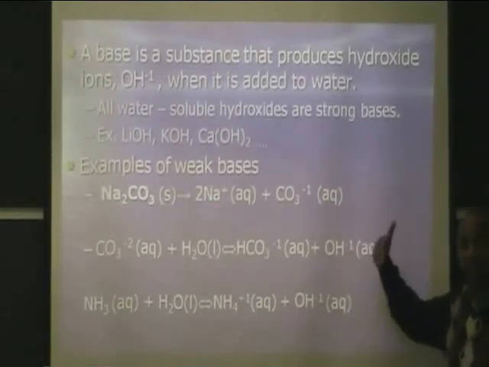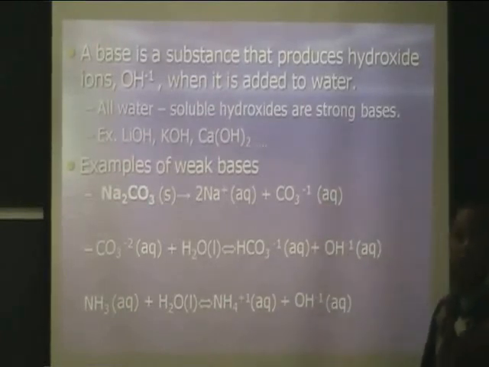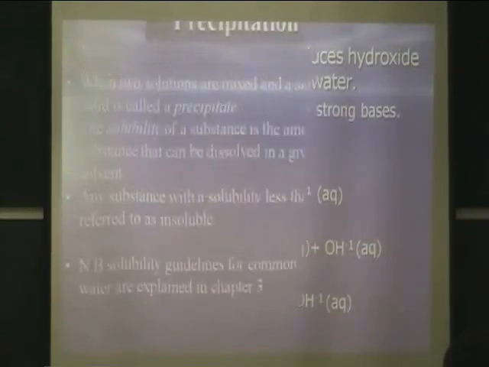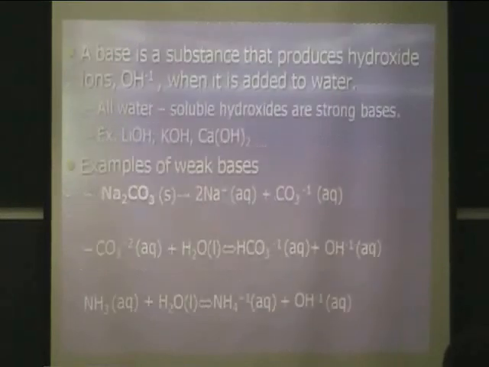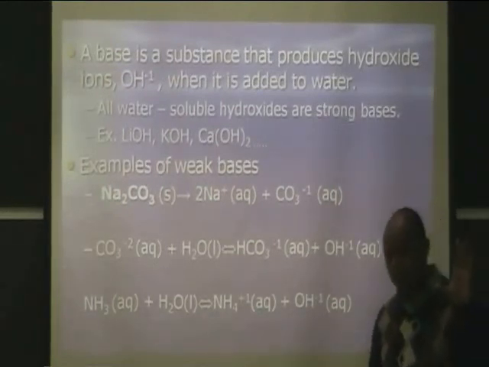And by default, it's also going to be a weak electrolyte. So if you have hydroxide as a product, it's still weak. It's a base, but a weak base. Now here's what you need to do for Friday maybe.